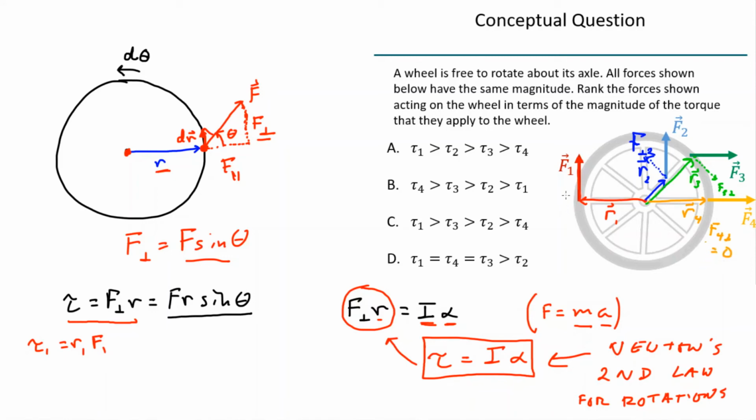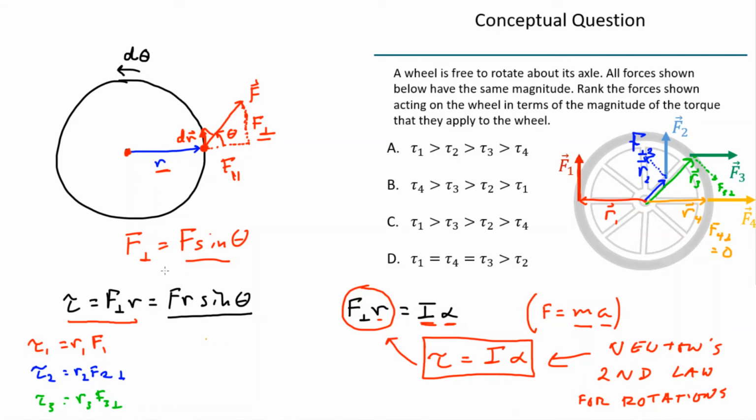Okay, so tau 1 is R1 F1. Tau 2 equals R2 F2 perpendicular. Tau 3 equals R3 F3 perpendicular.